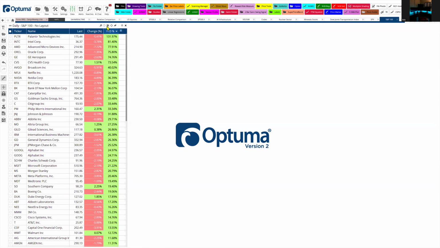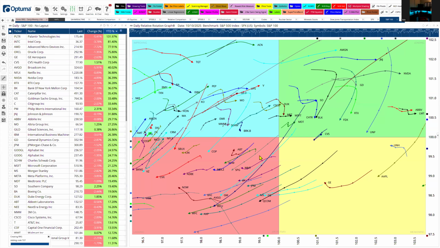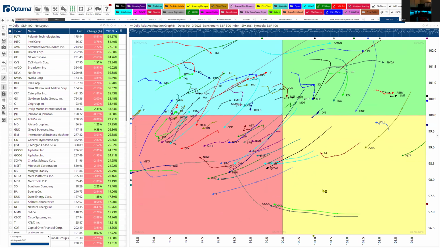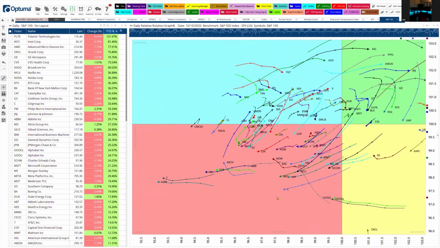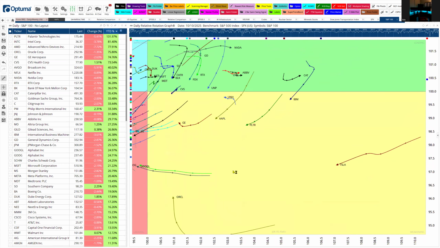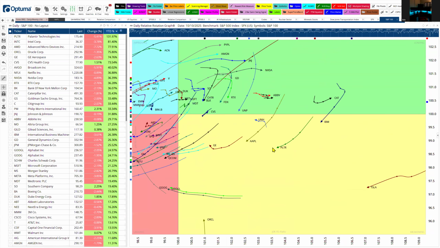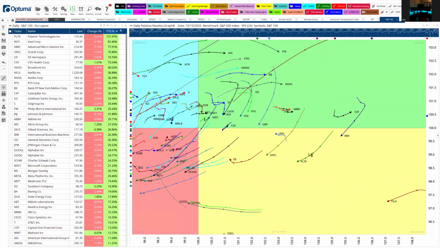So if we can do a full rotation on them to know which stock is going where, these are all the 100 stocks. If we're starting to look at them, you always have to pay attention.